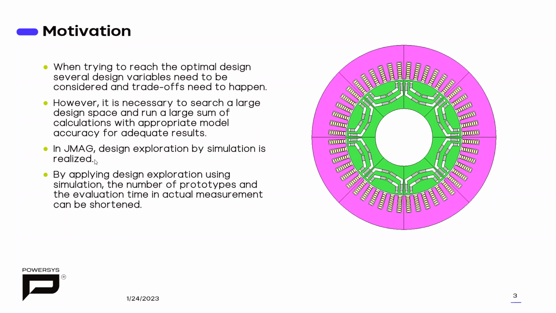So we are going to try to overcome those issues in the Designer with some design exploration, and by applying those design exploration, many prototypes and evaluation will be simulated, and this is much shorter than making some actual measurement.